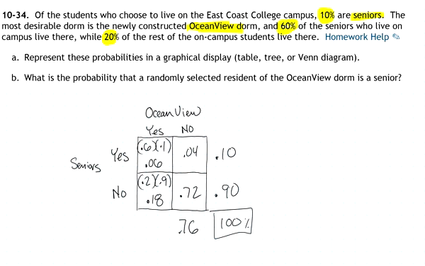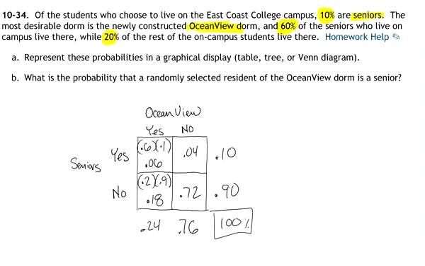And that would also mean that 24% of the people that live on campus live in the newly constructed Ocean View dorms. So Ocean View looks like it's almost a quarter of all dorm rooms on campus, or it's capable of holding almost a quarter of all the students who choose to live on campus.